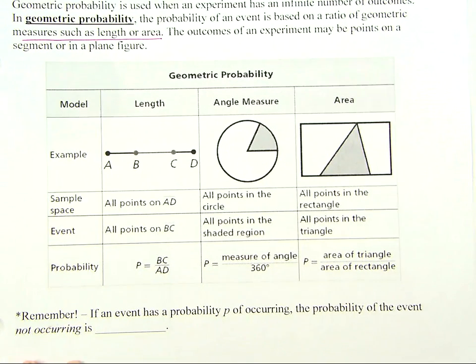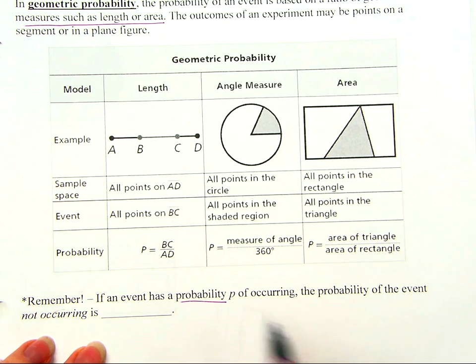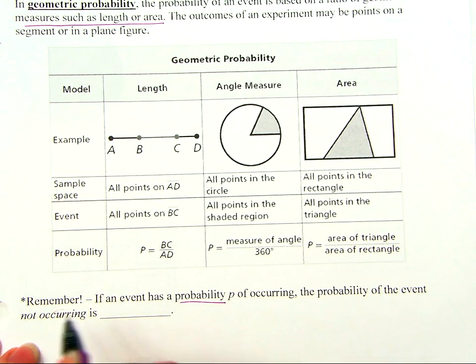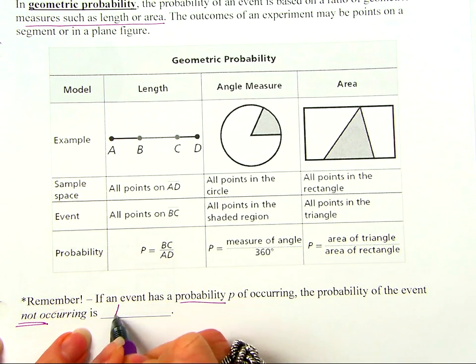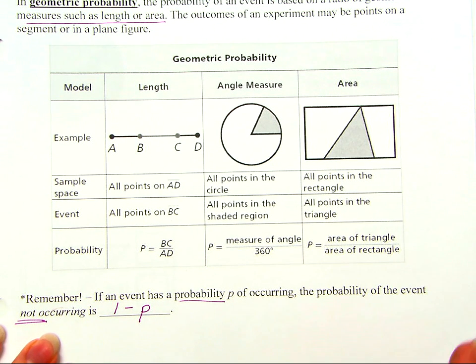Now down at the bottom, we give the reminder that if an event has a probability P of occurring, the probability of the event not occurring is 1 minus P. And this would be because we know that our probabilities have to equal 100% or 1 total.